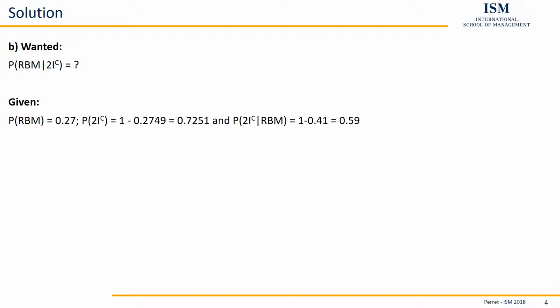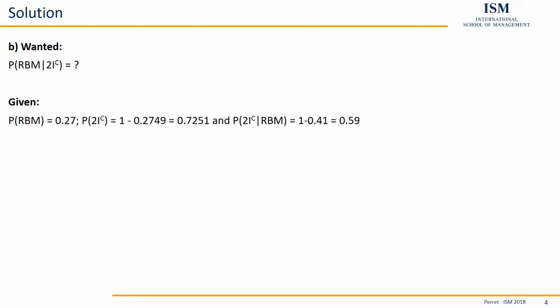Similarly, if someone studies RBM, there's a chance of 41% of him having done more than 2 internships. If we want to turn this around, we just go by 100% minus 41%, giving us a probability of 59% that if someone studies RBM, he has not done more than 2 internships.